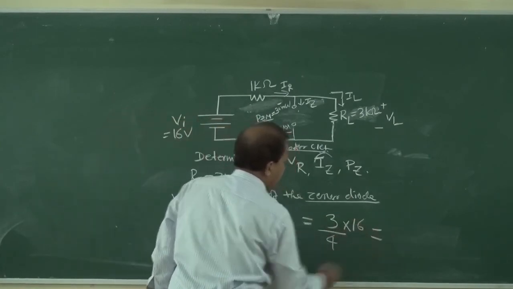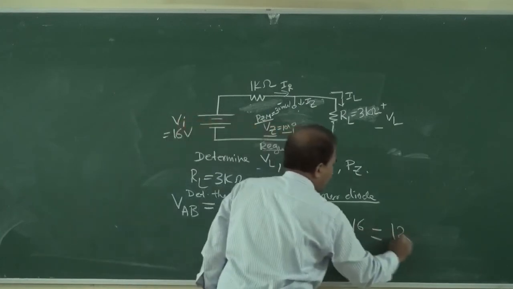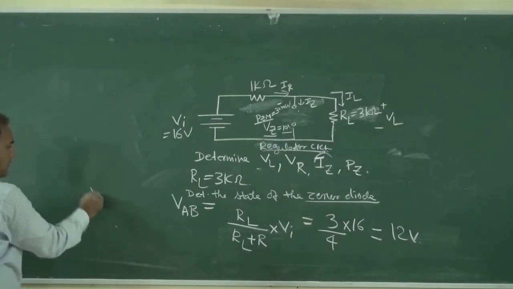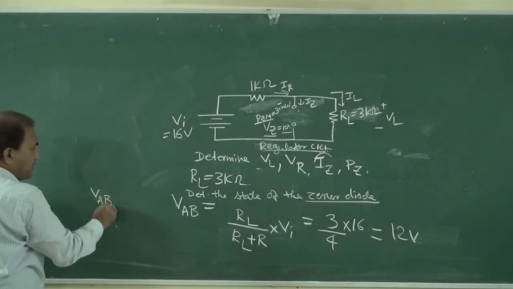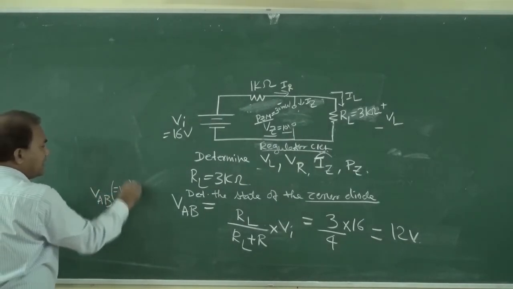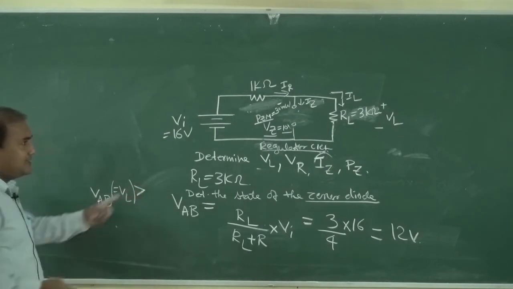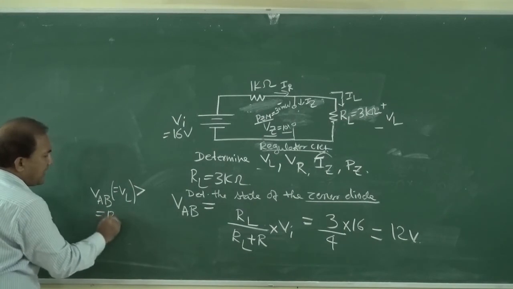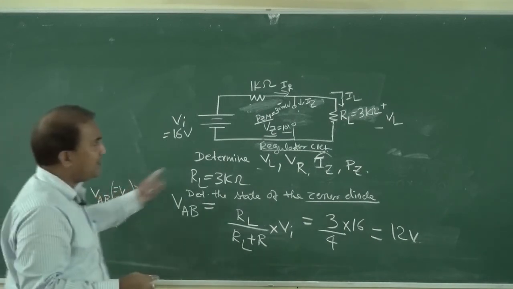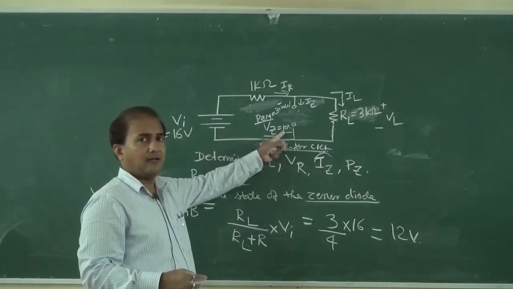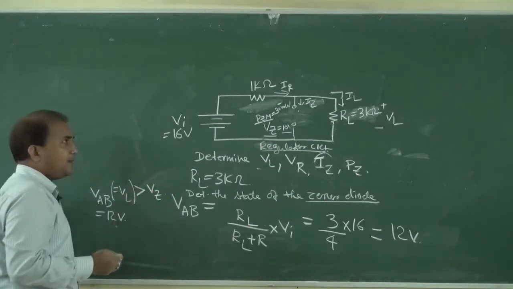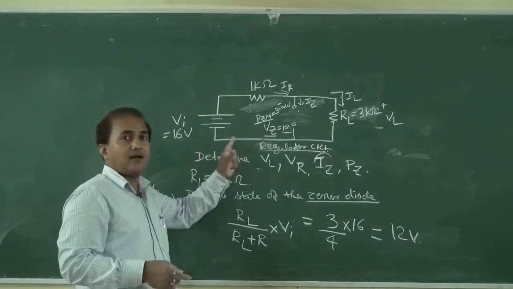So it is equal to 12 volt. Now VAB, which is equal to VL, is equal to 12 volt, and 12 volt is greater than 10 volt. That is, it is greater than Vz. So the diode is in on state.